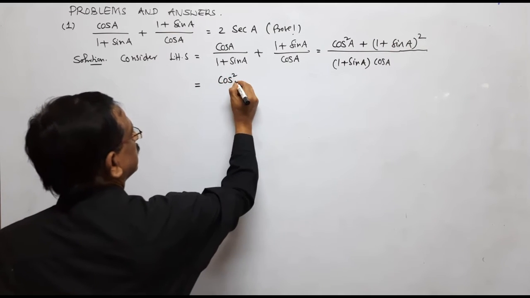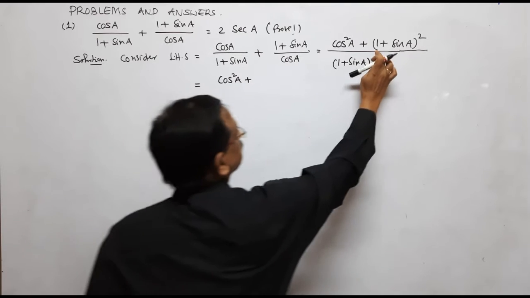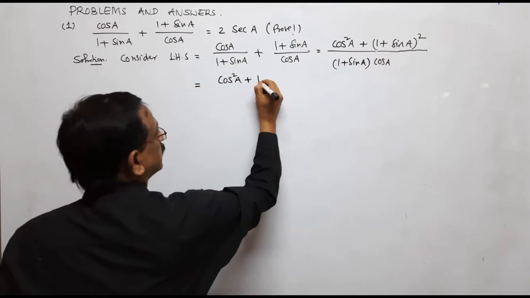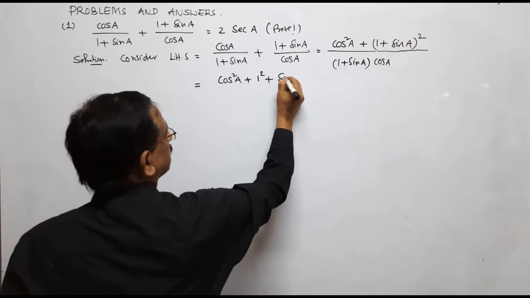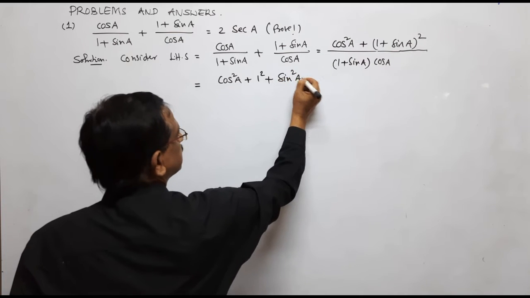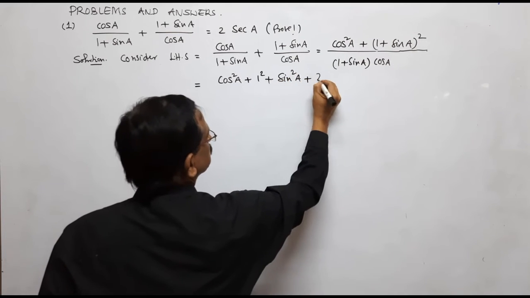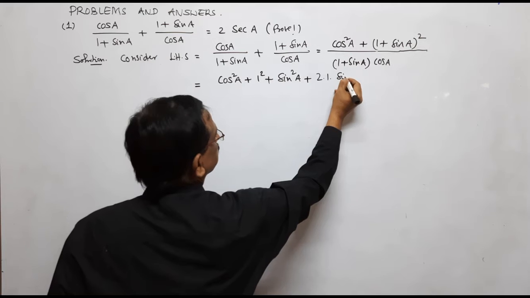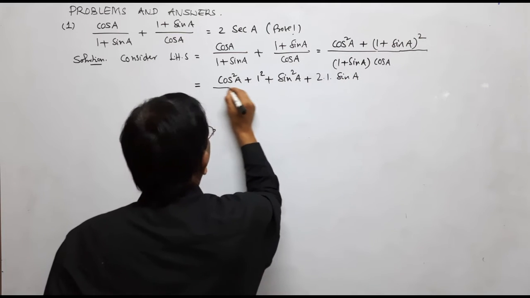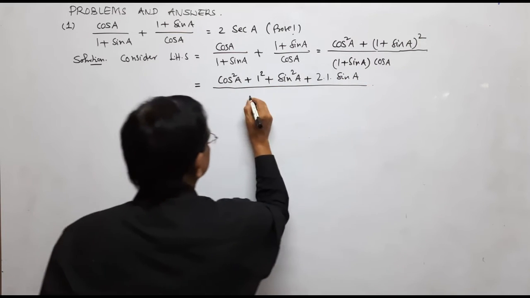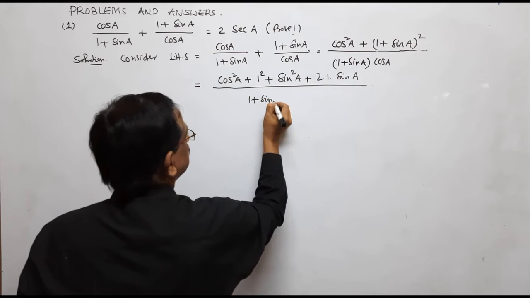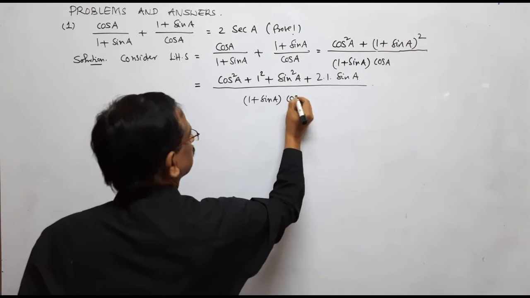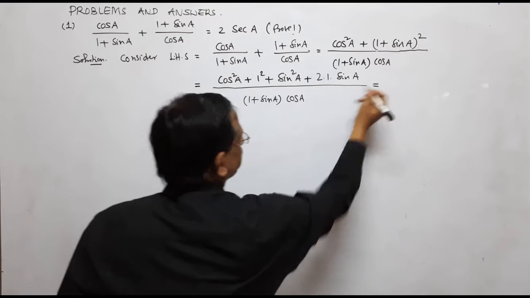So cos square A plus, now this is of the form A plus B whole square. So A square plus B square, that means 1 square plus sin square A plus 2AB, that means 2 into 1 into sin A, whole by 1 plus sin A into cos A. Let us simplify further.